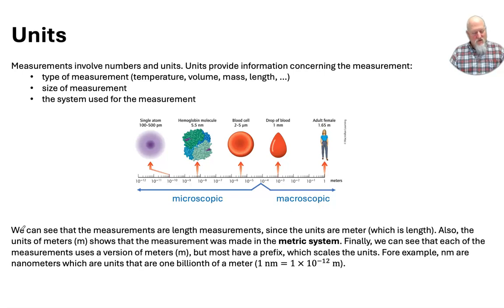Right, so the metric system is nice because instead of giving me a different unit for each length, like we do in the English system where we have inches and feet and yards and miles, they simply adjust the prefix to adjust what size the measurement is.